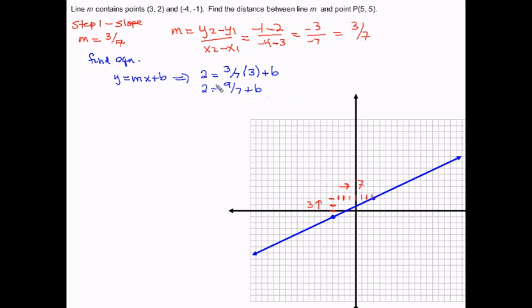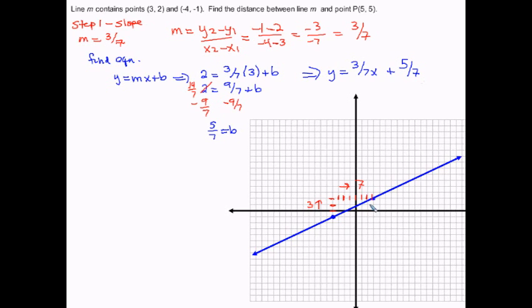I'm going to change this 2 into 14/7. So remember, if you want to make a common denominator, you just multiply the whole number by whatever denominator you want. So 2 times 7 is 14, so this is 14/7. I subtract 9/7 from both sides, and 14 minus 9 is 5. So the equation of this line is y is equal to 3/7 x plus 5/7.